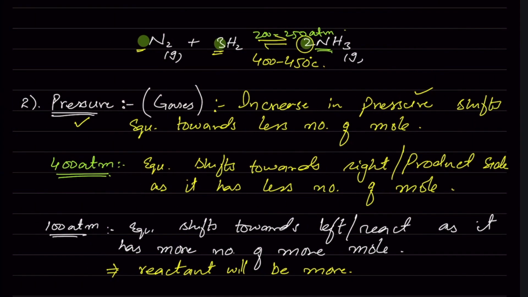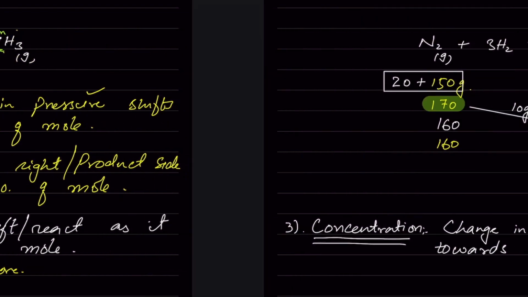Now, if the number of moles on both sides are the same, for example, here you have a reaction where hydrogen and I2, or suppose chlorine Cl2, are reacting with each other to form 2 HCl. So this reaction was taking place at 10 atmospheric pressure.